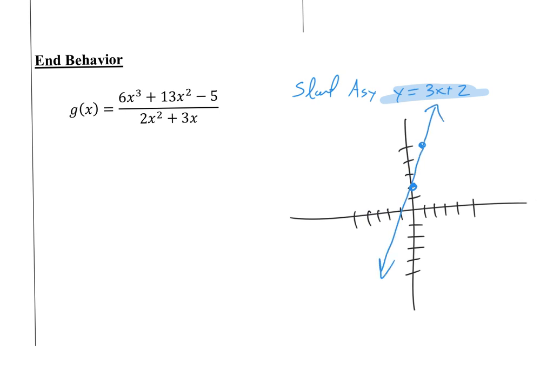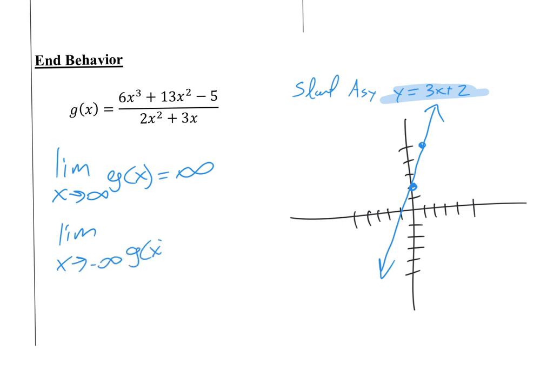Well, that's all I really need to know the end behavior, because if I think about the limit as x approaches positive infinity of g of x, well, as this thing goes to positive infinity, this thing just goes up towards infinity. So it's going to have the same end behavior as this rational function. I just have to think about this line. And what's the limit as x approaches negative infinity of g of x? Well, that's just going down to infinity, so that's just negative infinity. So boom, I got the end behavior.